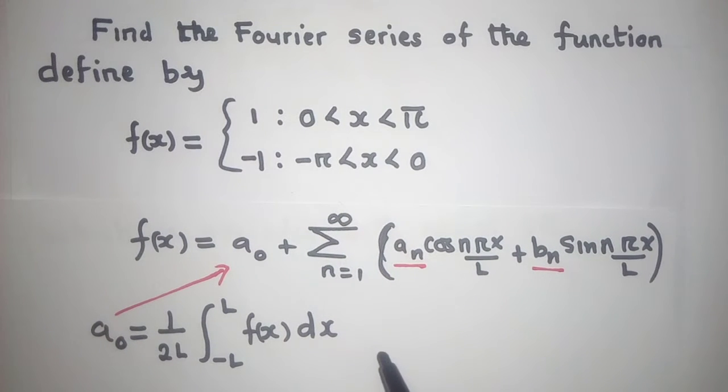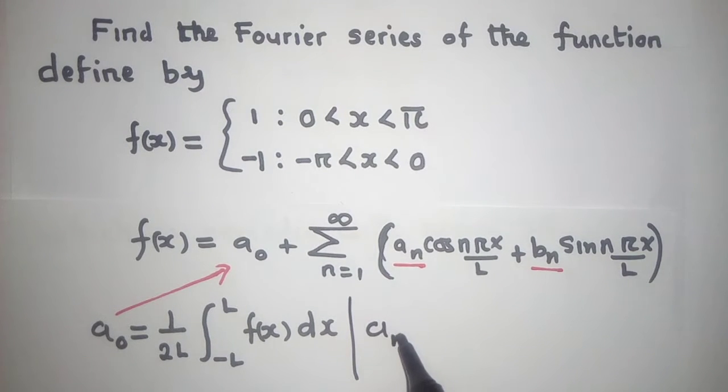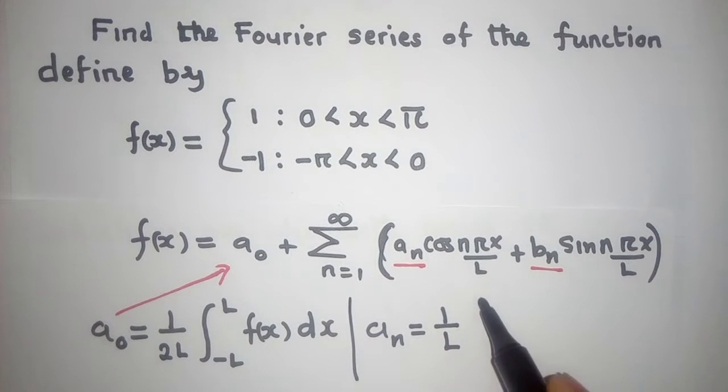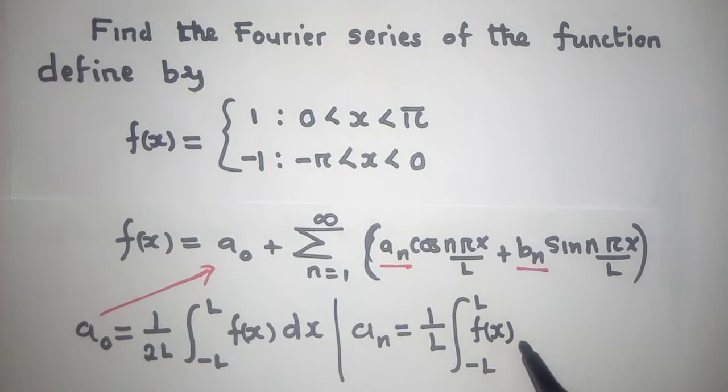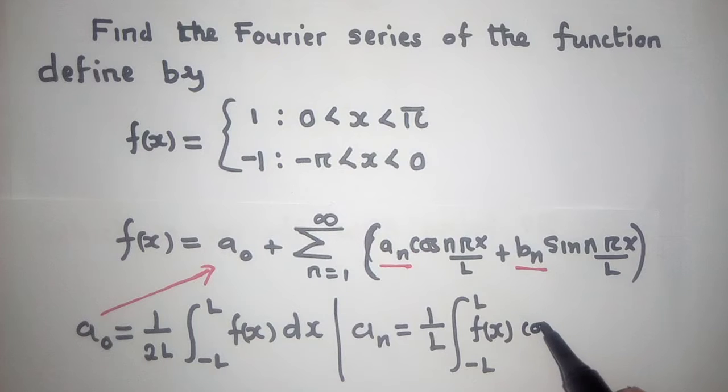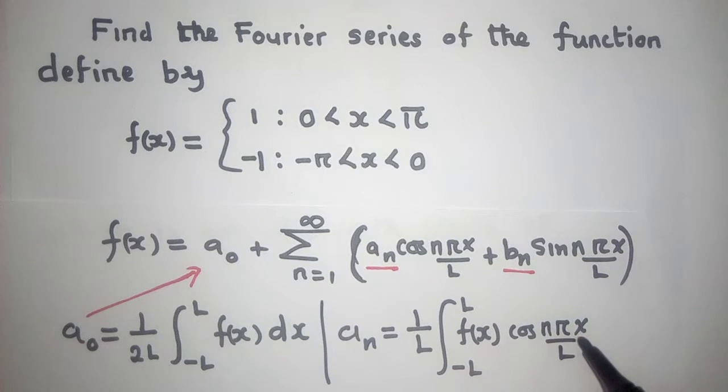We also need to find a subscript n, which is equal to 1 over L integral, the lower limit there and the upper limit, of f of x cos n pi x over L dx.